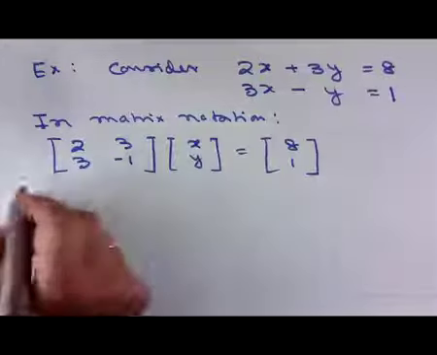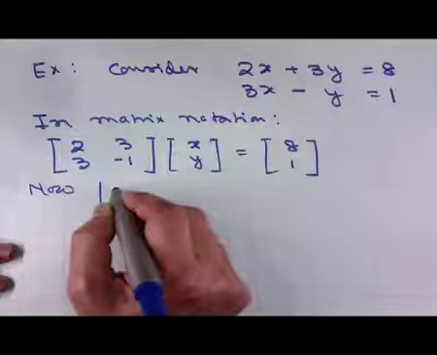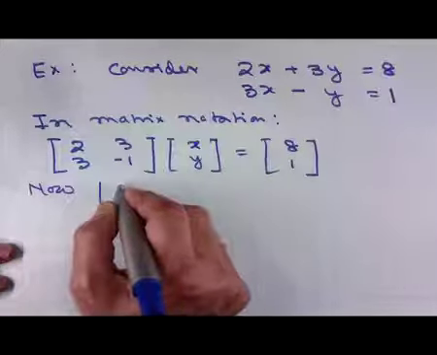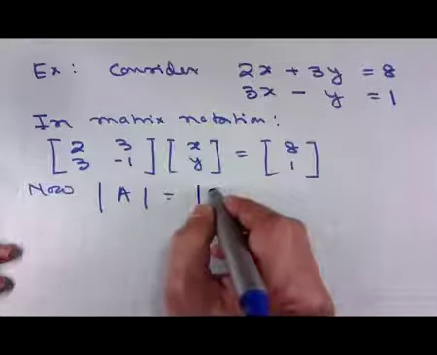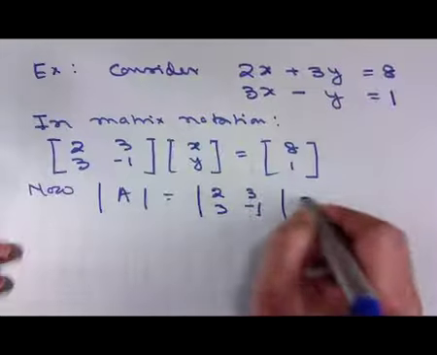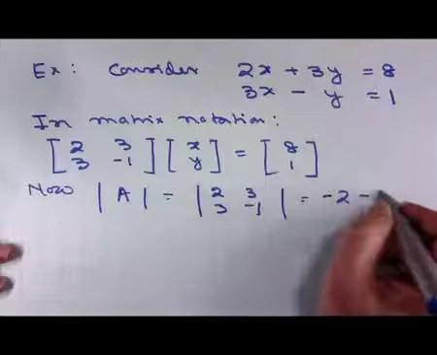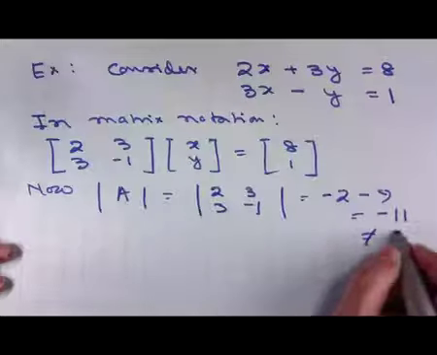Now, determinant of A, which is this matrix, is equal to determinant of [2, 3; 3, -1], which is minus 2 minus 9, equal to minus 11, not equal to 0.